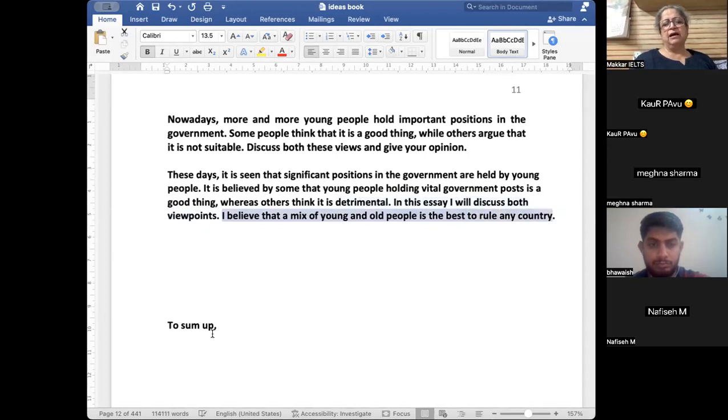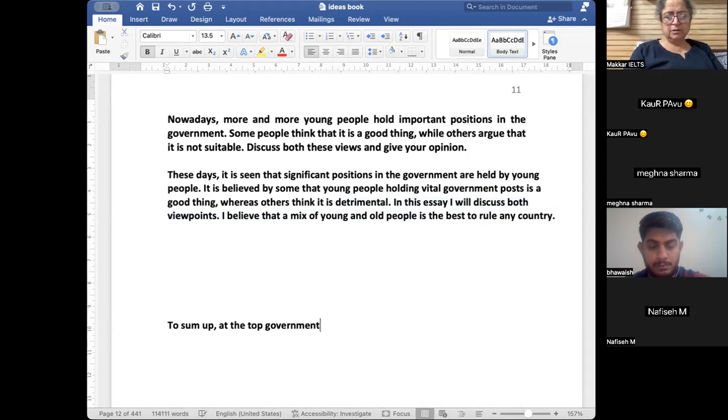You can say, to sum up, at the top government positions, there should be a mix of both generations. Now you can put that word. You have to change it now.